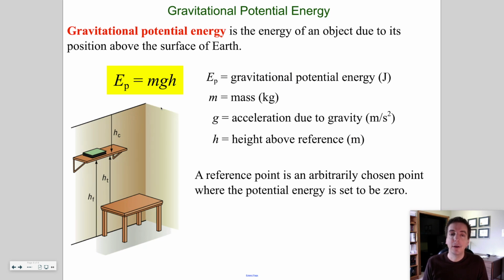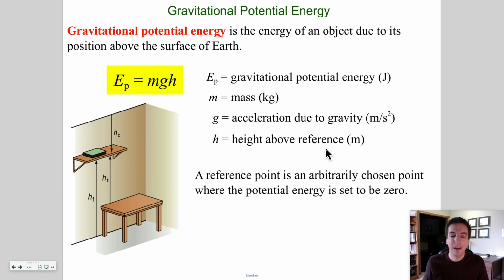Gravitational potential energy is the energy of an object due to its position above the surface of the Earth. Now, surface of the Earth is the reference point that we used mostly in Science 10 last year. However, EP equals mgh, there's a formula.